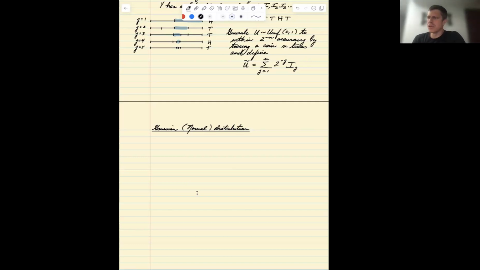Most people call it the normal distribution. Gaussian distribution is the same.